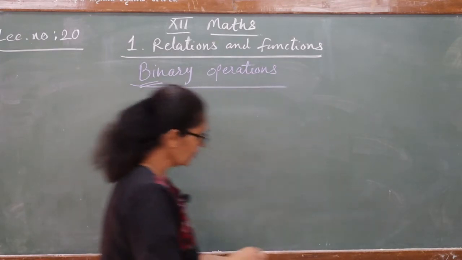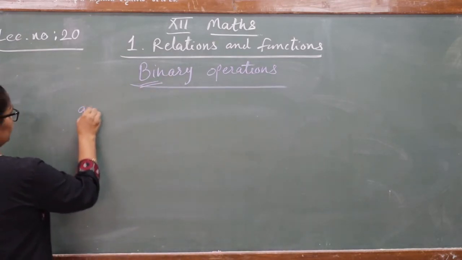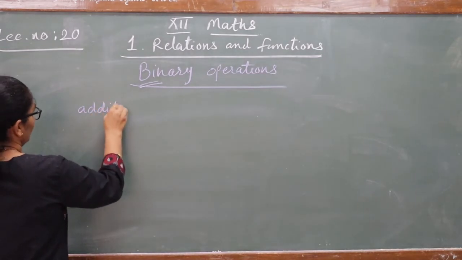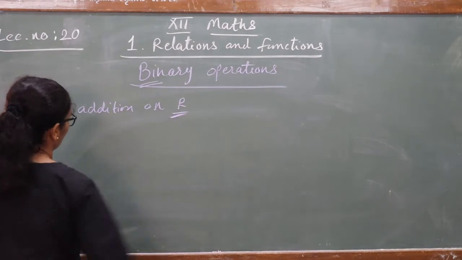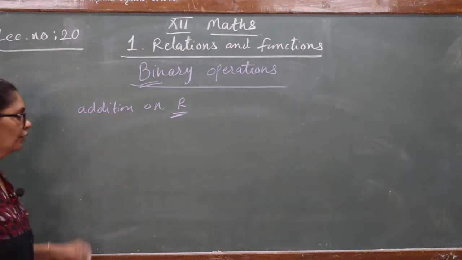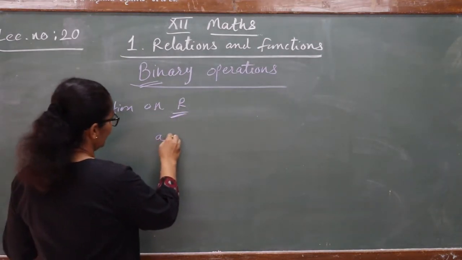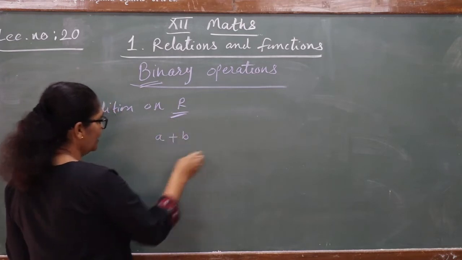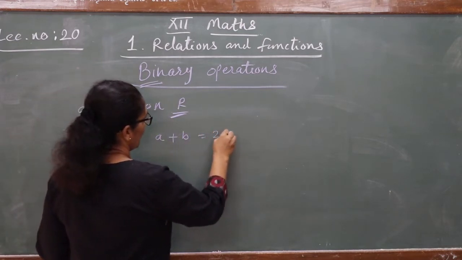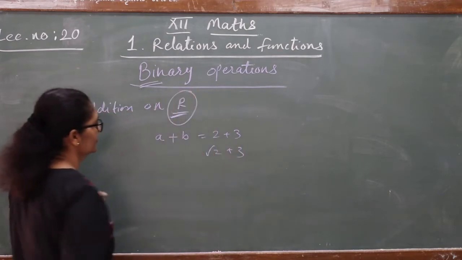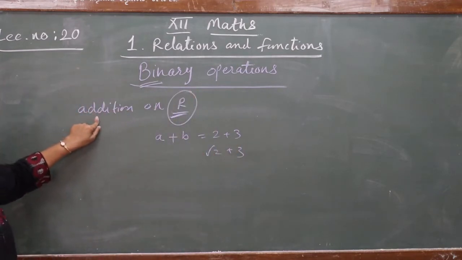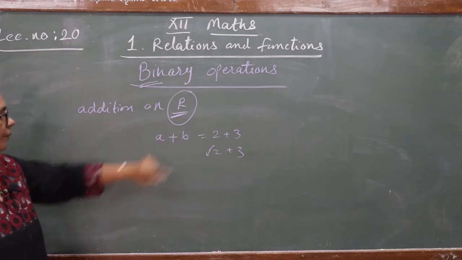Let's take them one by one. First, addition. We consider R, the set of real numbers. All real numbers you can consider over here. If we take a plus b, any numbers, 2 and 3, root 2 and 3, whatever you get is in R. So addition satisfies this binary operation.